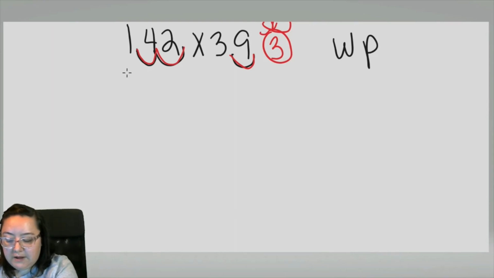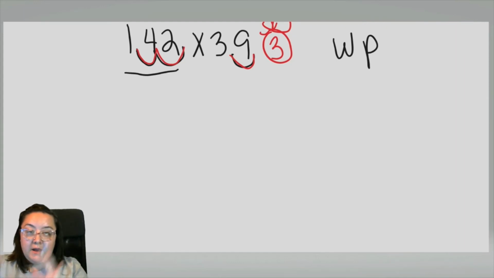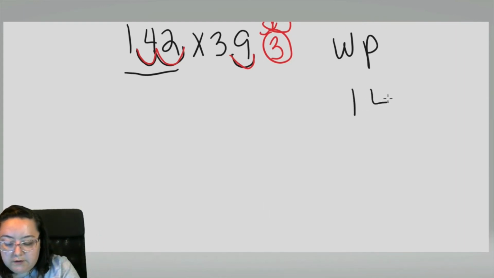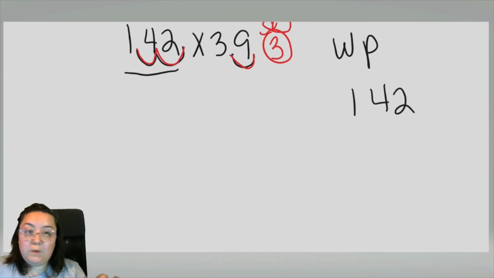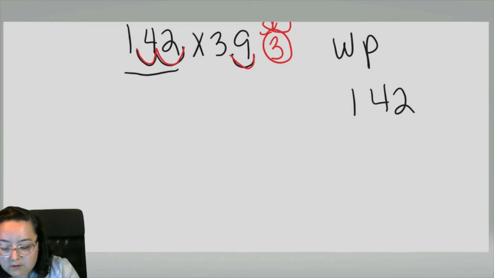I'm going to write my first number as the top number, 142. We kick the decimals out, so they are not going to be part of our setup for the window pane. I'm going to go ahead and draw my box.